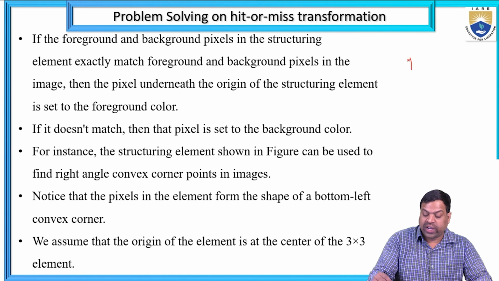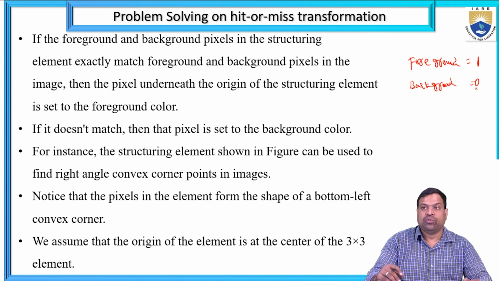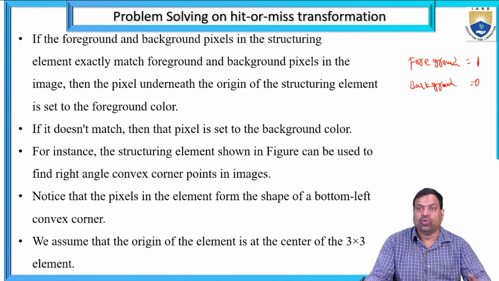So I want to highlight the foreground. I want to highlight the background. If you highlight the foreground, you keep the cells as 1. If you highlight the background, you keep them as 0. If you don't want anything highlighted, I want a don't care condition. That means a blank condition.